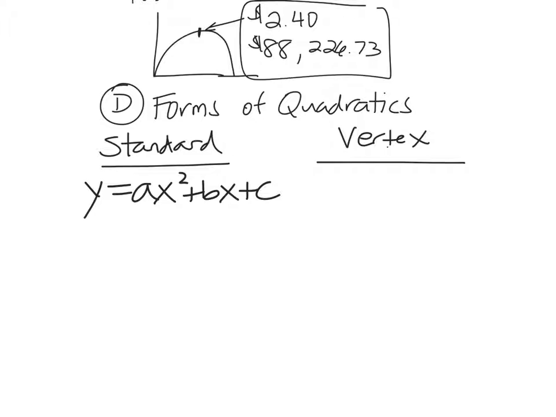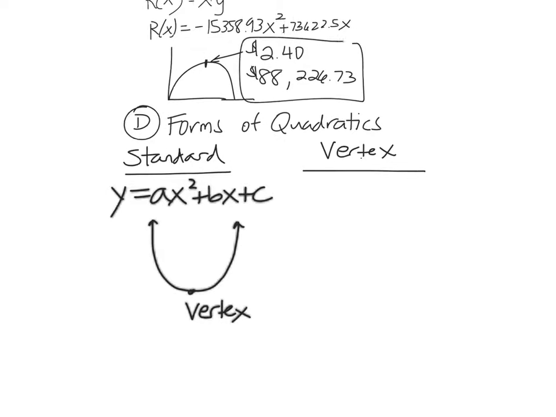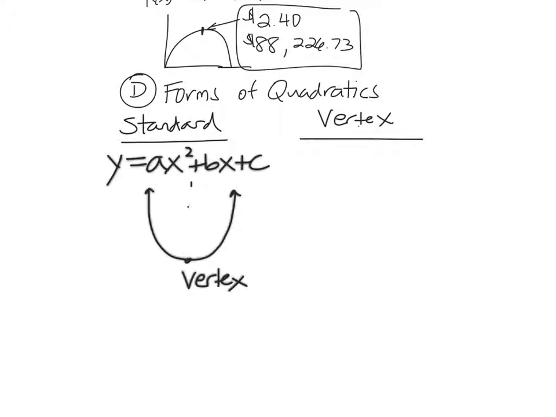It's a standard form of a parabola, a quadratic function. You have a U-shaped parabola right here. This right here, the maximum or minimum of it is called the vertex. And there is an axis of symmetry that goes straight down through the vertex. Okay?